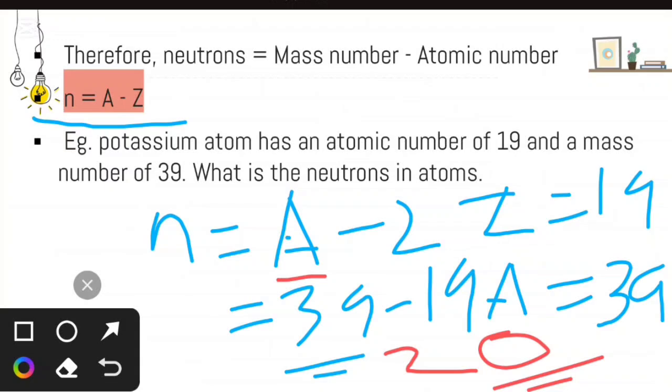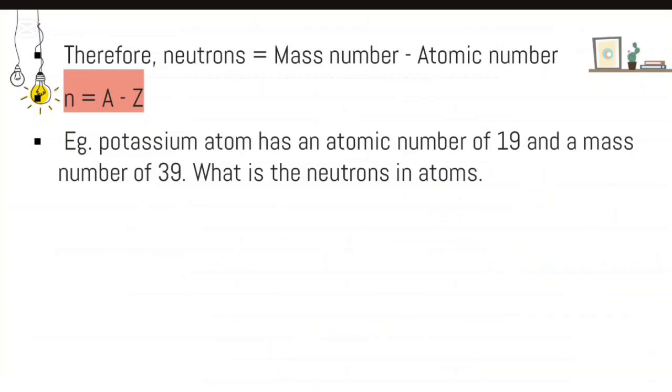Neutron is equal to mass number minus atomic number. So the mass is 39 minus the atomic number 19. The answer is 20. So 39 minus 19 is equal to 20. The 20 is the number of neutrons.